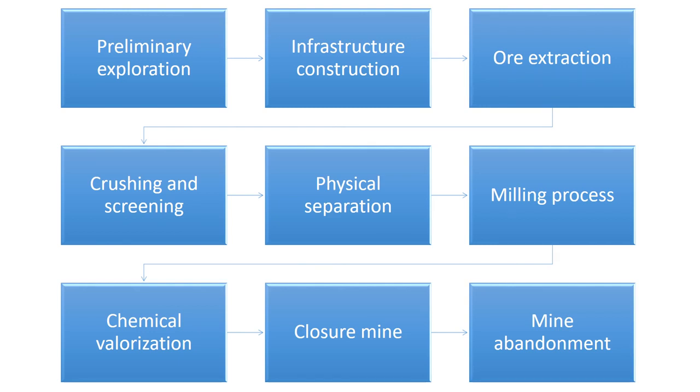It reduces material to a powder. Then chemical valorization, known also as ore dressing, is the process of separating valuable minerals from their ore. Then closure of the mine, and finally mine abandonment.